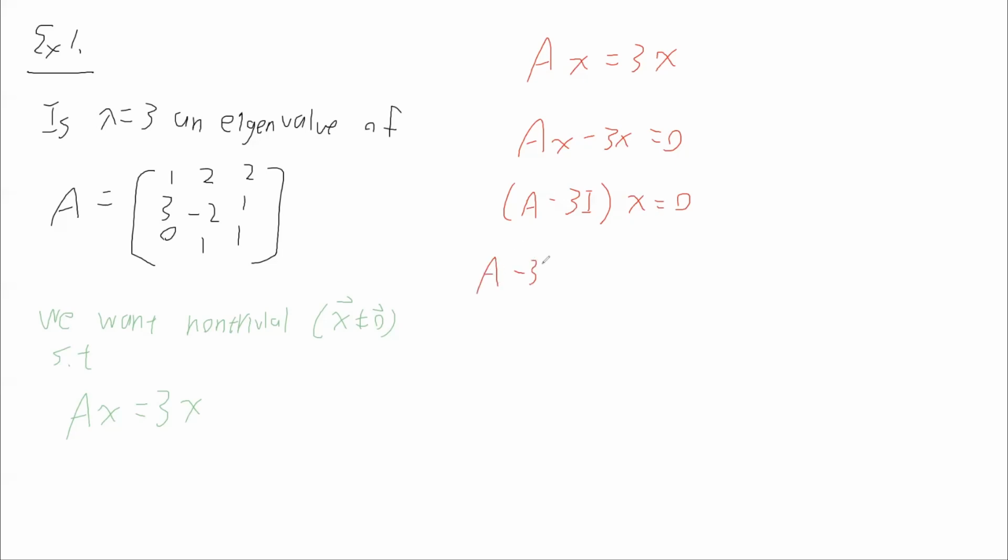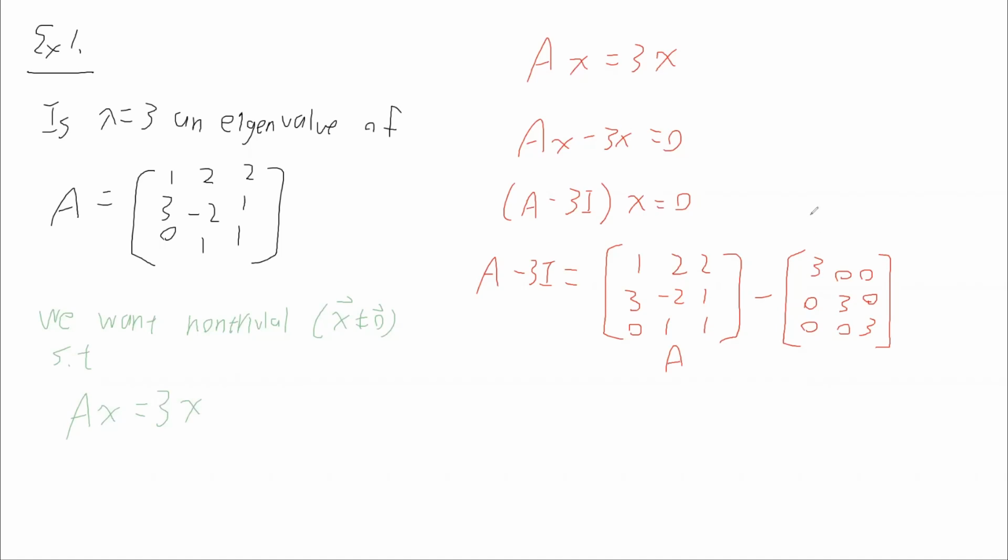Let's do that. A minus 3I is equal to this. We have A, and this is 3 times the identity matrix. The identity matrix in this case is a 3 by 3 with the diagonal being all ones, and when we multiply by 3, all the ones become 3s, and then we will have this.